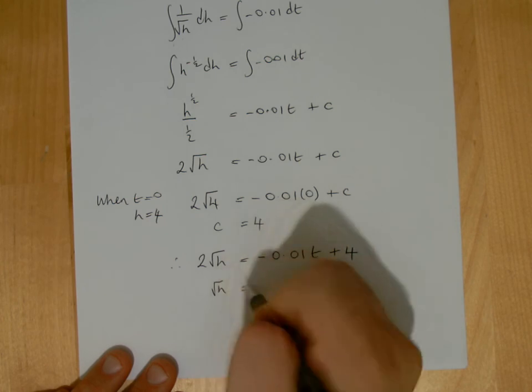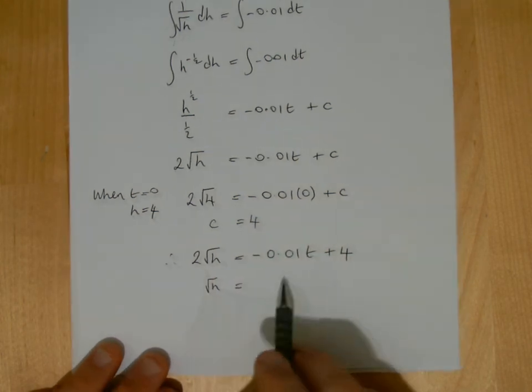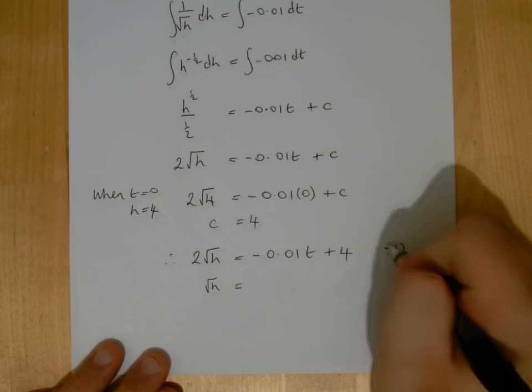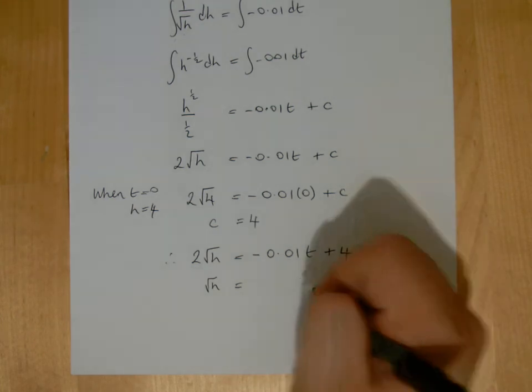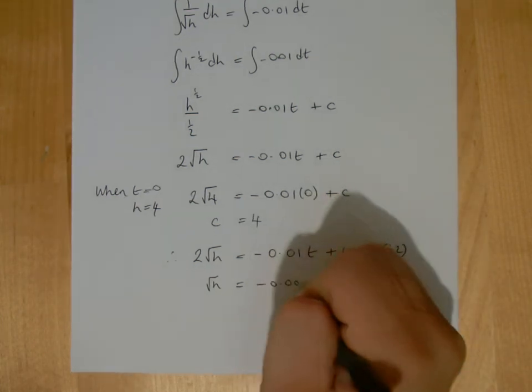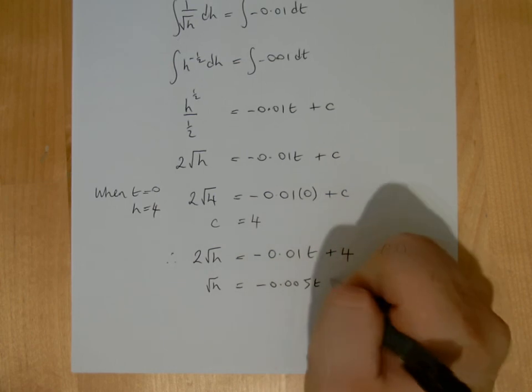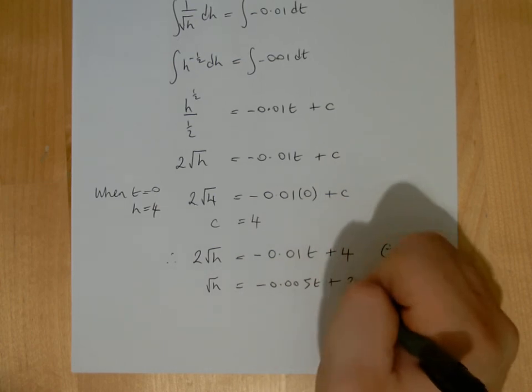Root h equals, if I take the 2 over, I've got to divide by 2, so I will get minus 0.005t plus then 4 divided by 2 is 2.